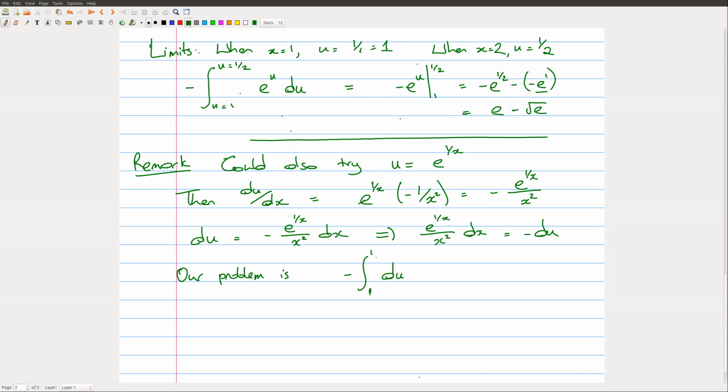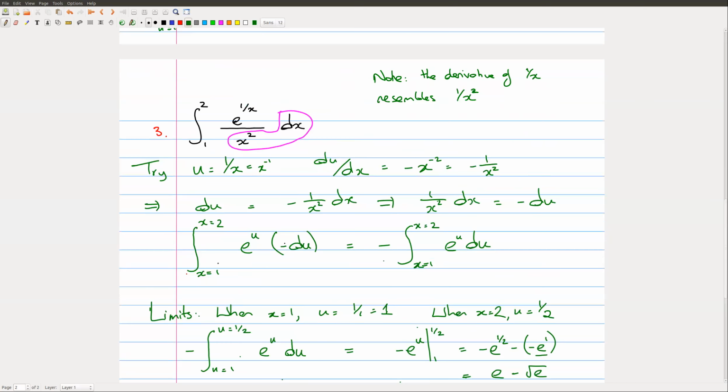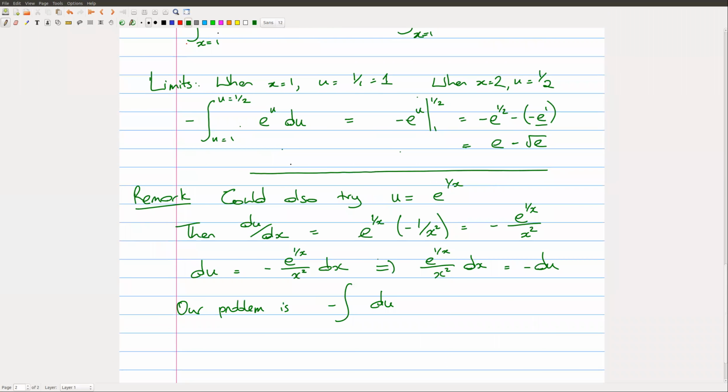Actually, excuse me, that is not quite right, what I just said. Our problem is to integrate minus du from x equals 1 to x equals 2.